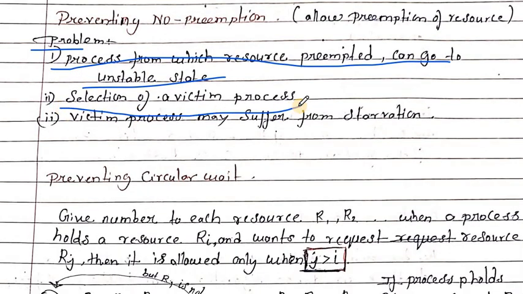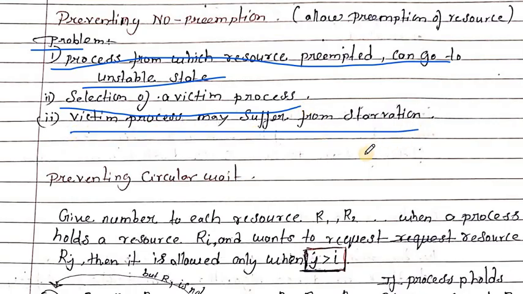Selection of the victim process is not easy here. If many processes are holding many resources, which process do we take as the victim, from which process can we preempt the resource? This is a problem.